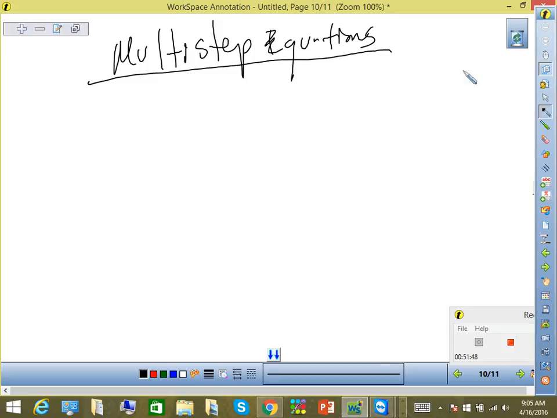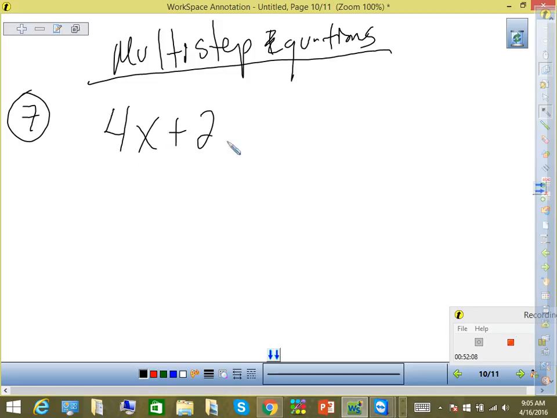Multi-step equations. Number 7. Here we go. 4x plus 2 plus 3x equals 9.